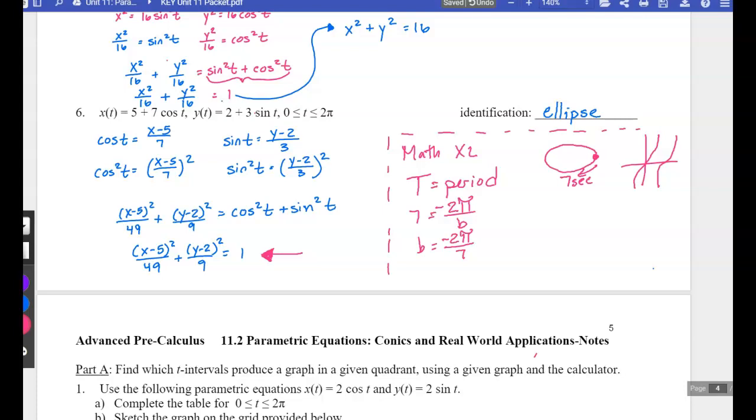So in our equation, it would be not x, t. It would have a b value of negative 2 pi over 7. Then the subsequent y value would be sine of negative 2 pi over 7. Does that make sense?